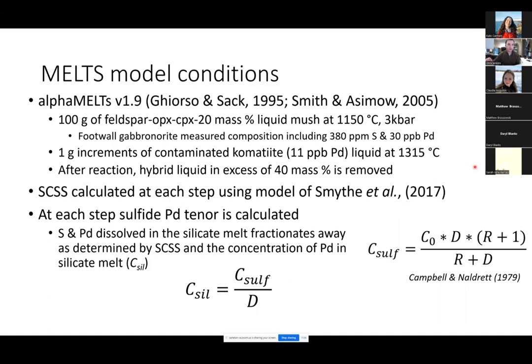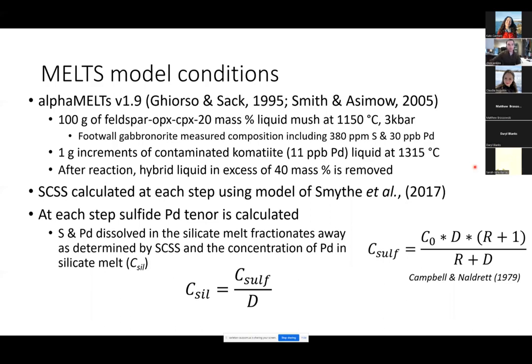Into that footwall gabbronorite mush, we titrate in 1 gram increments of the contaminated komatiite liquid that hosts 11 ppb palladium and is near its liquidus at 1315 degrees C. After the footwall mush and the contaminated komatiite react, any hybrid liquid that's produced in excess of 40% is removed or fractionated away from the system.